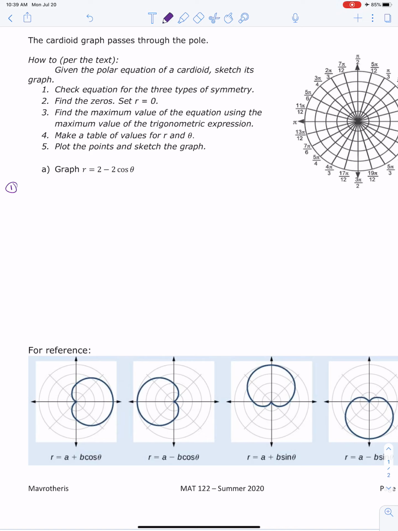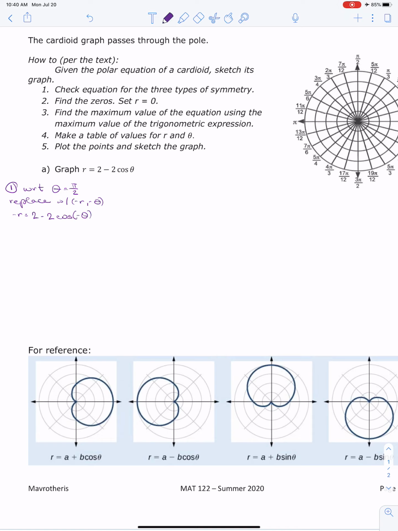So here's one. We've got symmetry with respect to that line theta equals pi over 2. And so we're going to replace our r theta with negative r negative theta and see if we get an equivalent expression. This gives us negative r equals 2 minus 2 cosine negative theta.